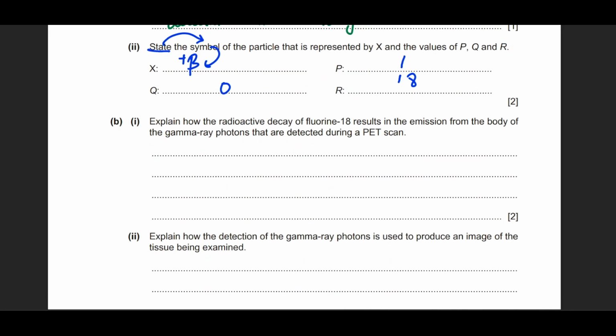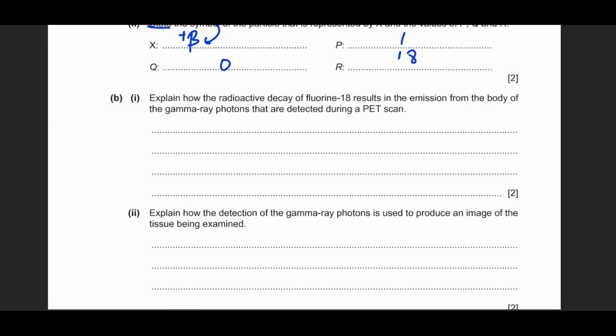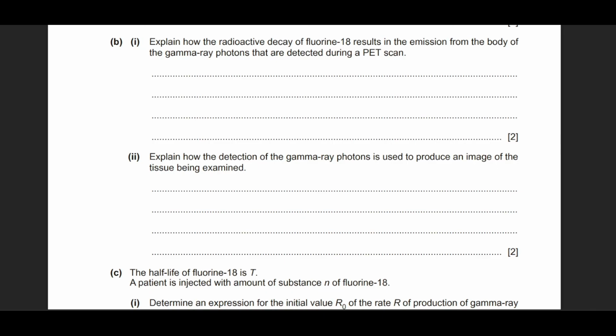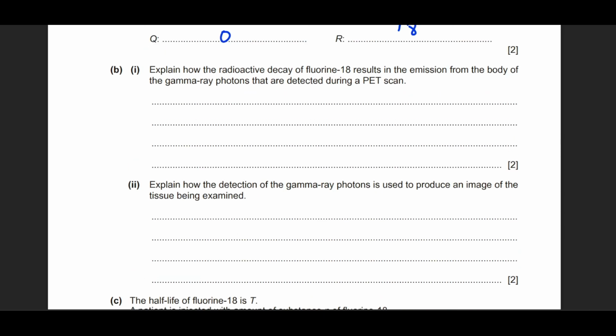Explain how the radioactive decay of fluorine results in the emission from the body of the gamma ray. So this is again a PET scan process that you generally memorize. Okay, so positrons are emitted by the decay process. Okay, they annihilate. This is the key word.